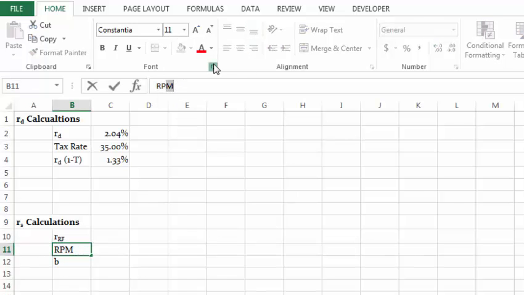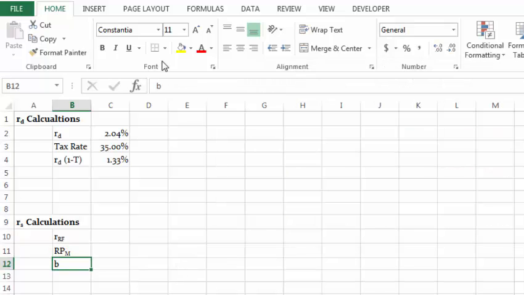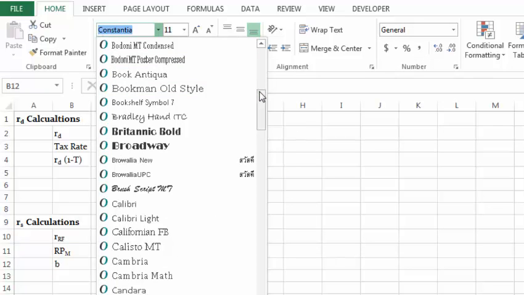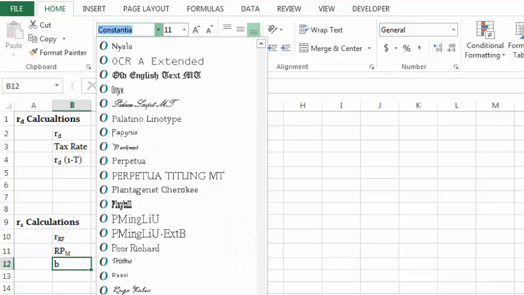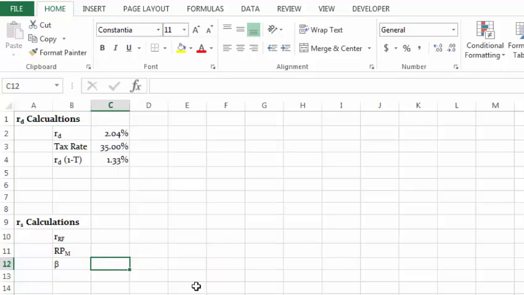And the B I want to make into a beta. Our textbook I think actually uses B, but the traditional ones say beta. And I usually will put beta sub S, but in this instance, no. That's a little too much anal for me.